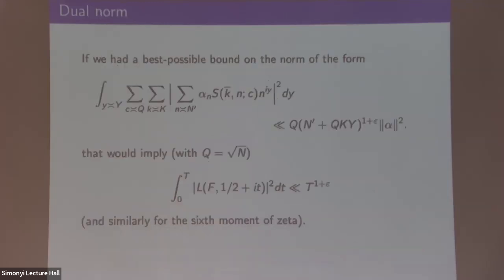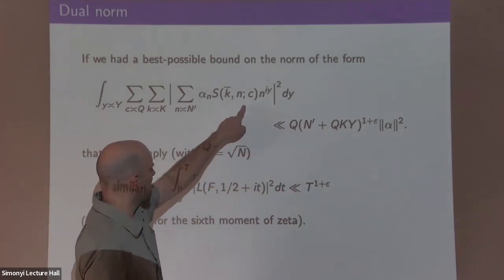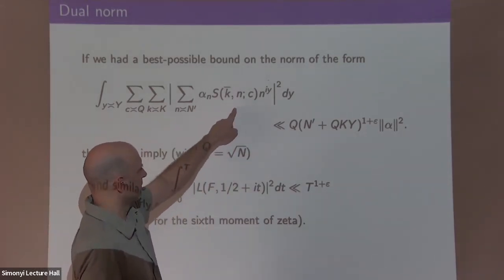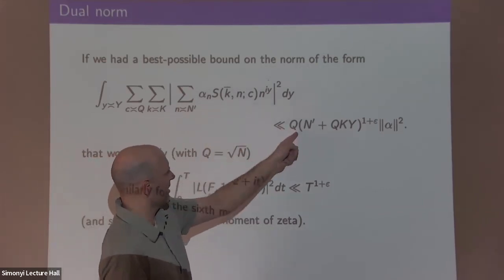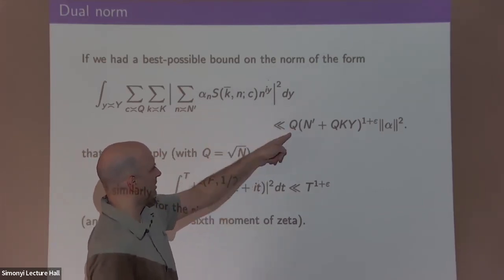Just as a remark, to track the progress, or as a sanity check: if you have this bilinear form bound, by general principles of bilinear forms, the best estimate you could hope for is this one with this Q. This Q comes from the fact that the Kloosterman sum basically has size square root of C, and C is of size Q, and then we're squaring it. So that's just the size of the Kloosterman sums.